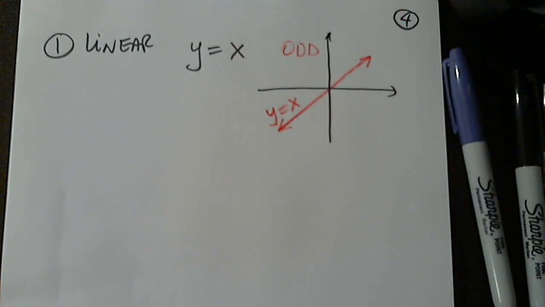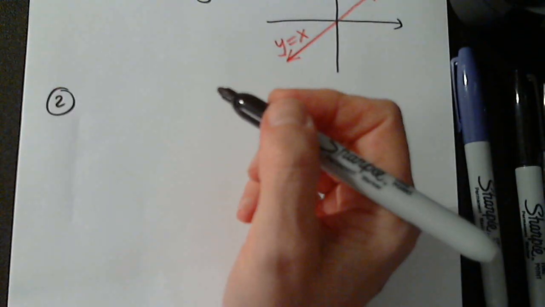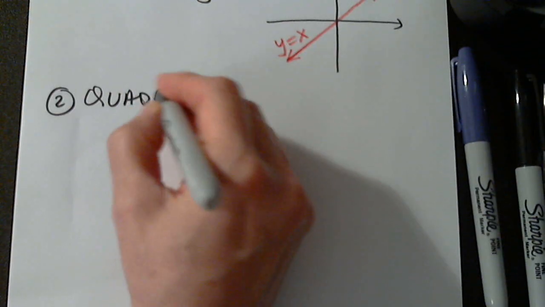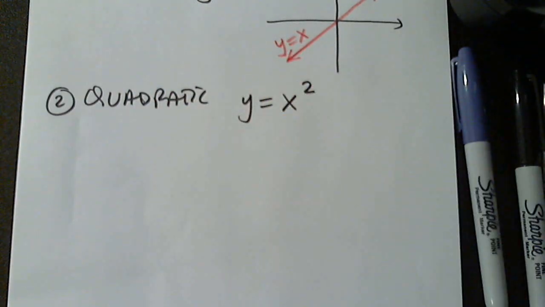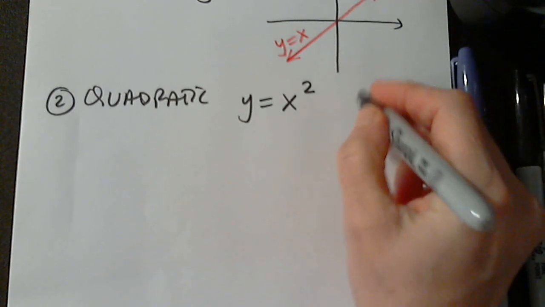Of course, we are going to move on to what category? Quadratic. Of course. The basic quadratic function is this. Nothing on it. Plain, plain, plain. Okay, I know the graph.